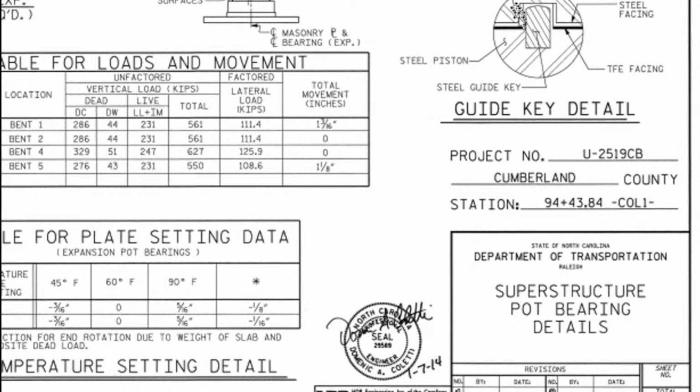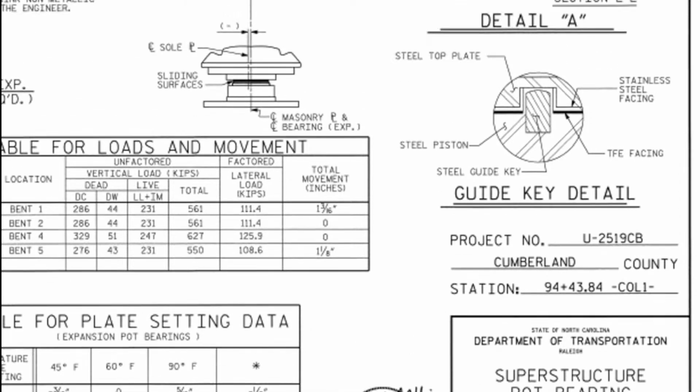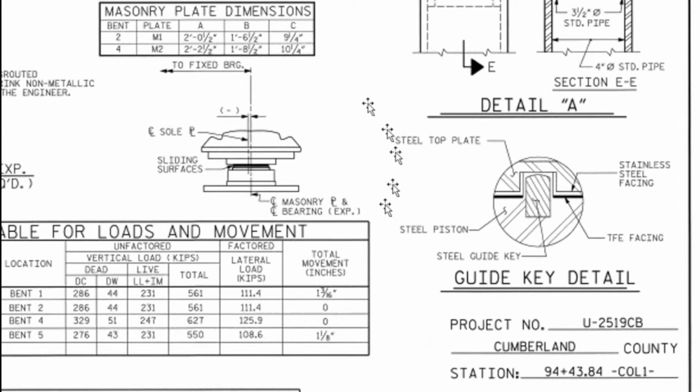Okay, so everything is already explained, including this one. So this is the sliding surface. That is the sliding surface, actually the piston. Sliding surface there. That is the piston. That is the sole. So sole, plate line, masonry and bury in this center line.